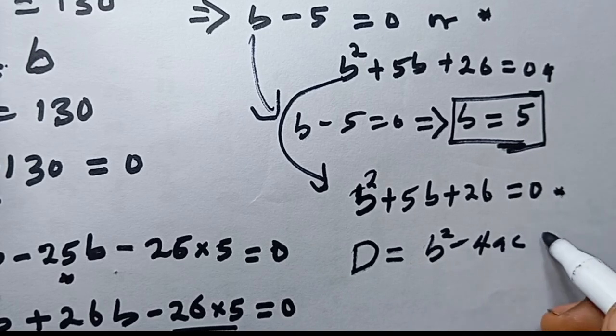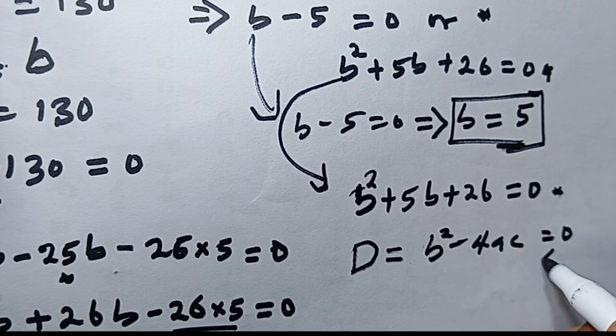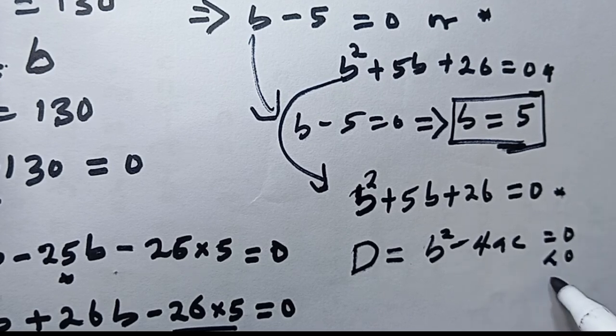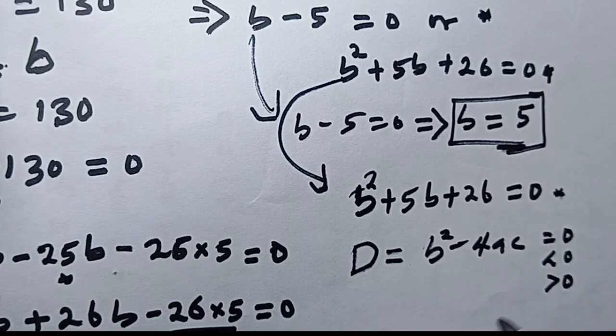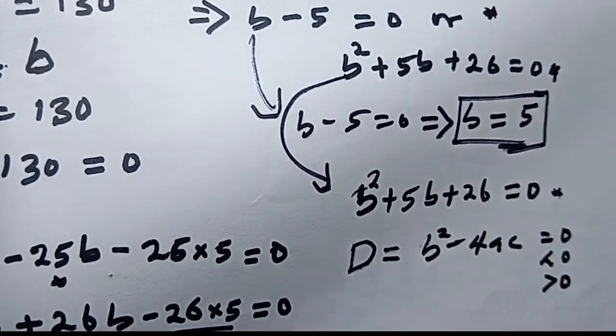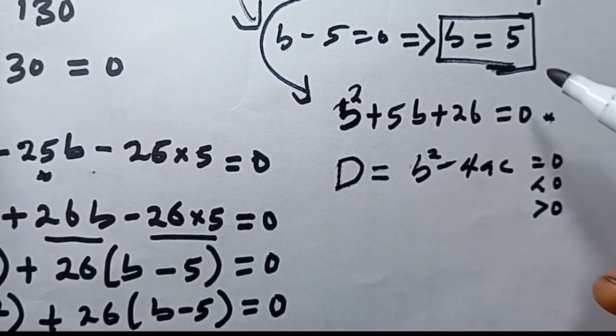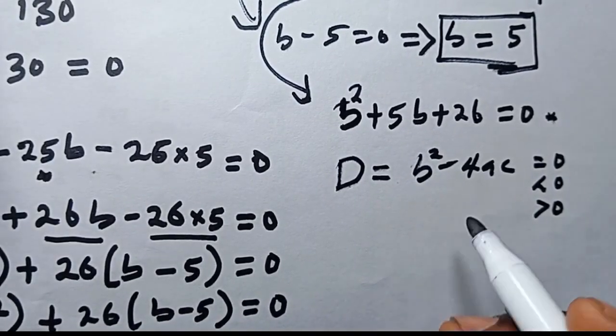So we want to find out whether this is equal to 0, or less than 0, or greater than 0. Of course, if it is less than 0, you can be sure that this quadratic equation does not have a real solution. We can just reject it and then go with the one we've already got.